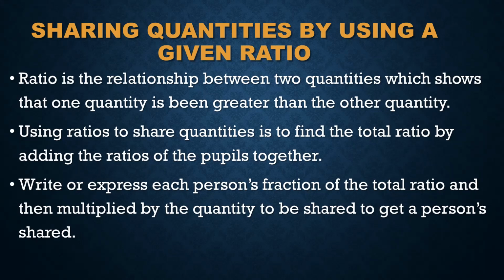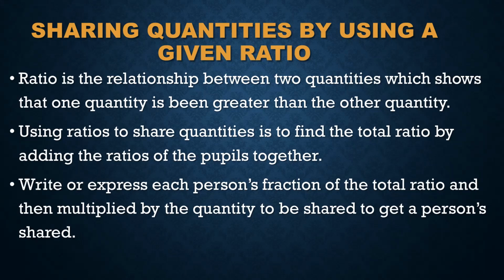If you want to use a ratio to share a certain amount or a certain quantity, using ratio to share quantities is to find the total ratio by adding the ratios together.